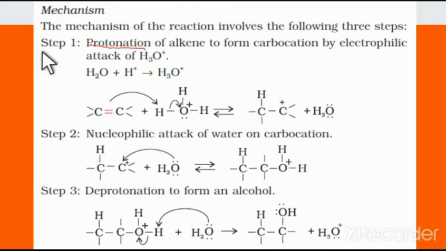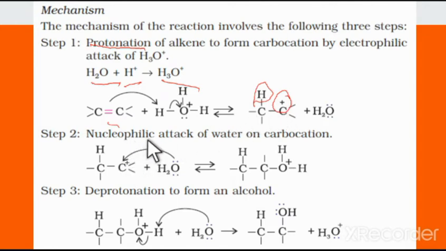When the acid H plus reacts with a water molecule, H3O plus is formed. Now this H3O plus reacts with the alkene; the double bond attacks the hydrogen, and the water molecule leaves. Of the double bond carbons, one carbon gets the hydrogen and the other carbon gets the positive charge.